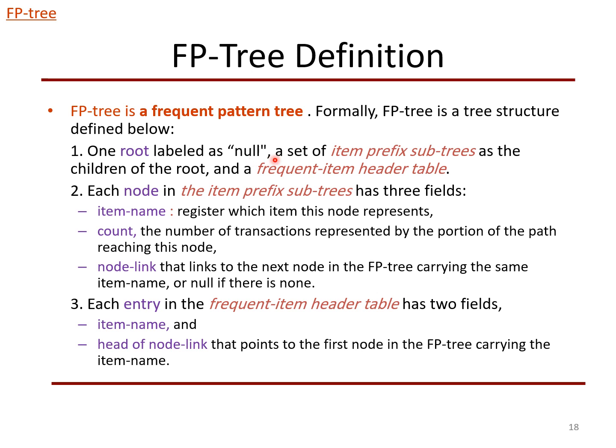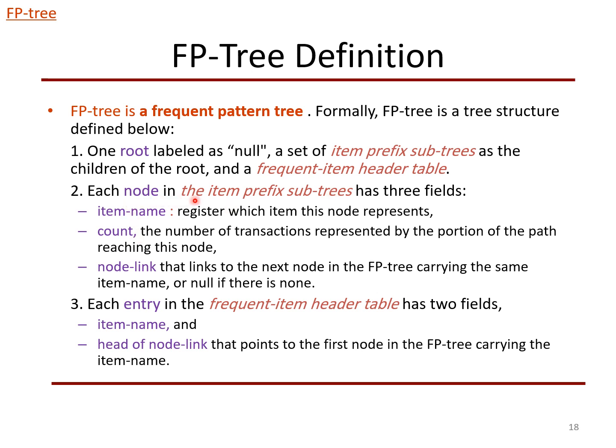Now from the null we have a set of item prefix subtrees as children for the root null. Item prefix subtrees are the trees that branch from null, and the frequent item header table means that each item will have its frequency. And we will see how these are going to be used in order to identify our frequent items.